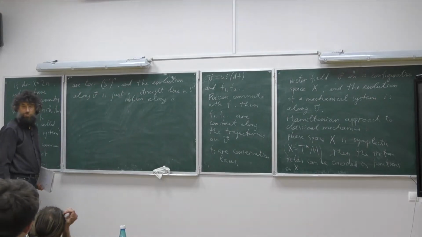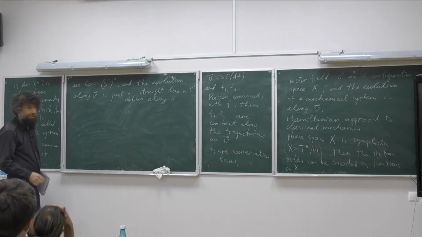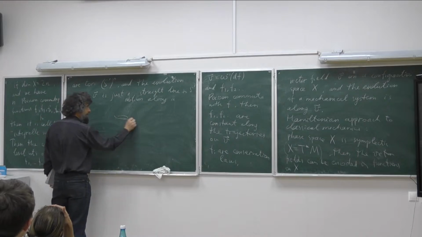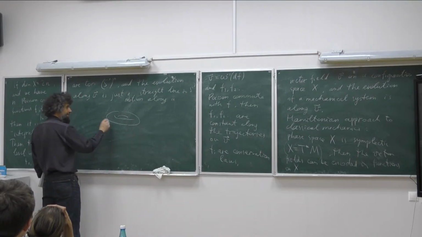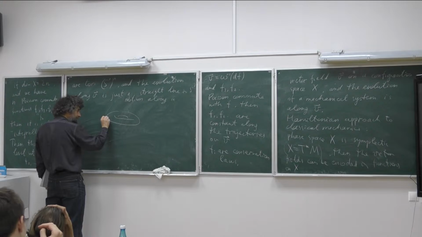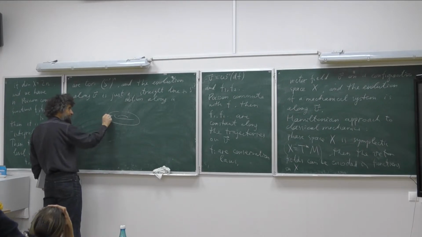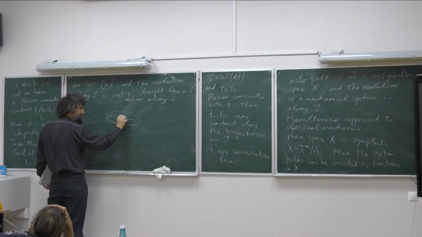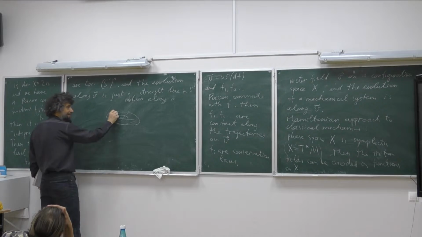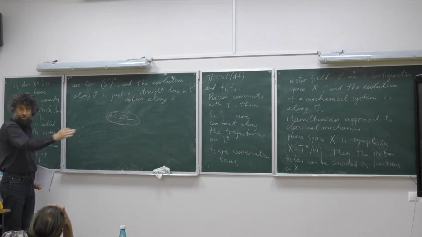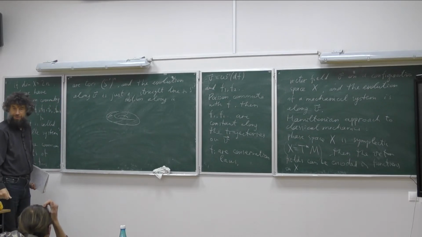In Russian, it's called обмотка Тора. So you draw some tangent vector, and then you go along this tangent vector. But it's just straight motion along this torus.